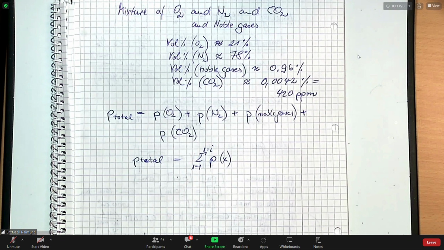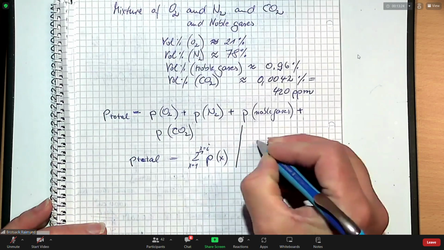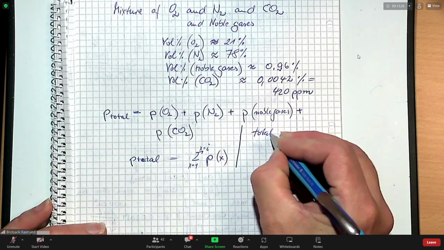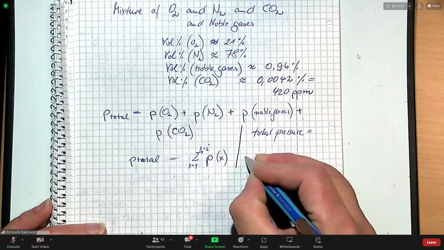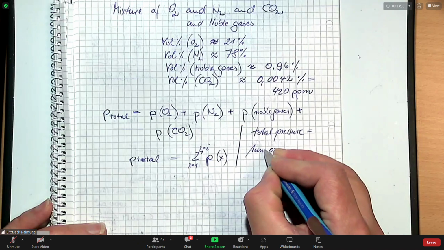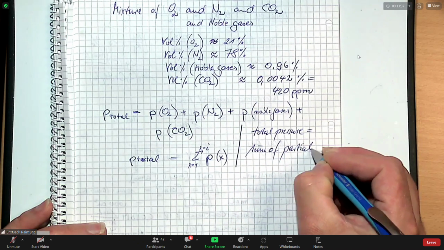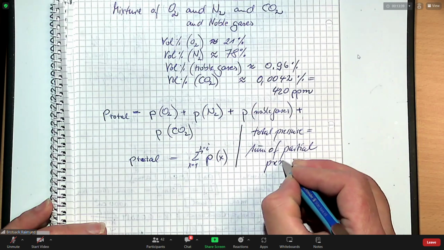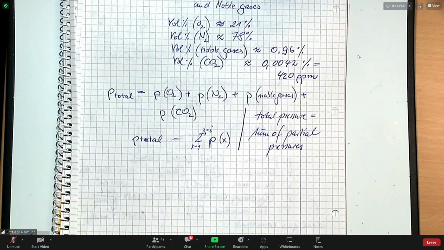So the total pressure is the sum of the partial pressures.